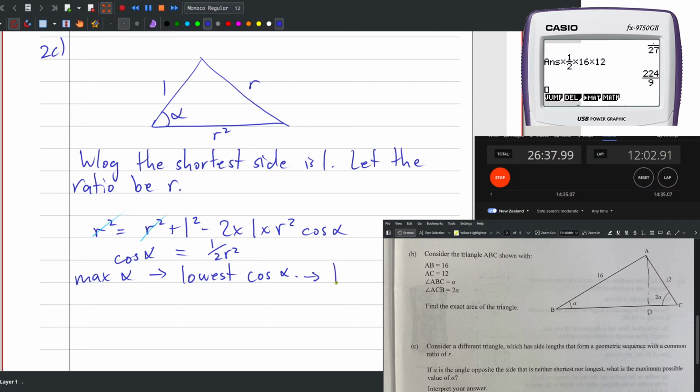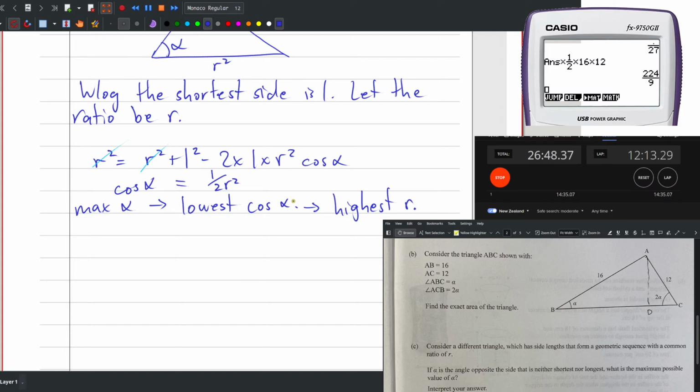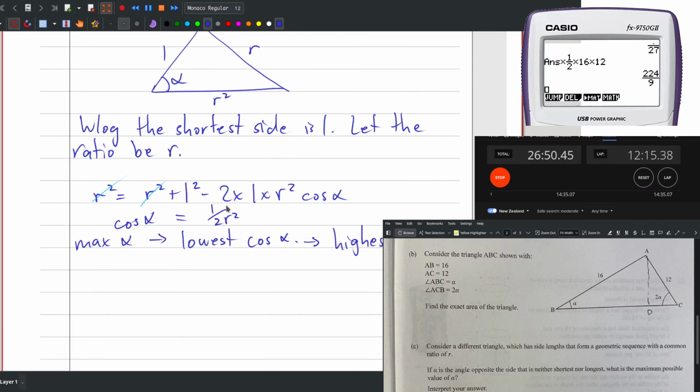So highest r. And then obviously by triangle inequality, r squared has to be less than r plus 1.